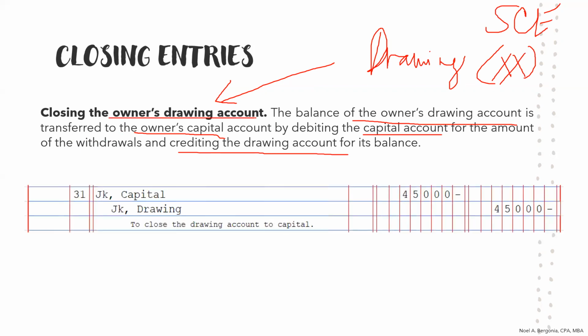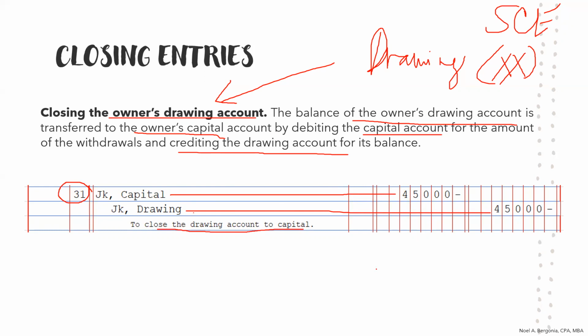So, going back to Butter Legal Services, JK Drawing has 45,000. So we deduct that from the capital by debiting the capital, 45,000, and crediting JK Drawing, 45,000. So that's to close the drawing account to our capital. Again, the date is the end of the month, and after you have posted it, the drawing account will be zero. At the same time, the effect of the drawing is now in our capital. Okay, I hope that is clear.